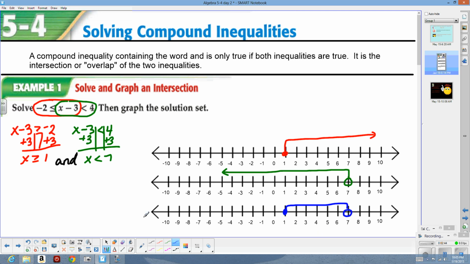And then the way we can write this solution is like this, where we're going to put x in the middle, and it's less than 7 and greater than or equal to 1. So you could write them both separately like this with the word "and", or you could write it just like this.